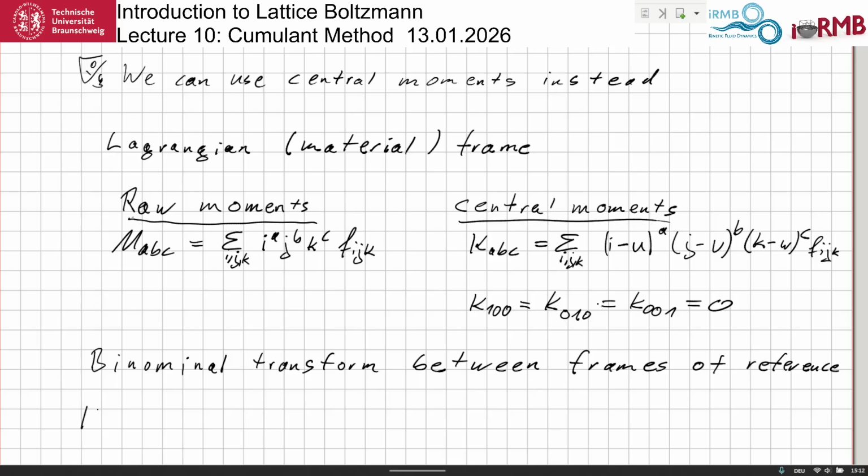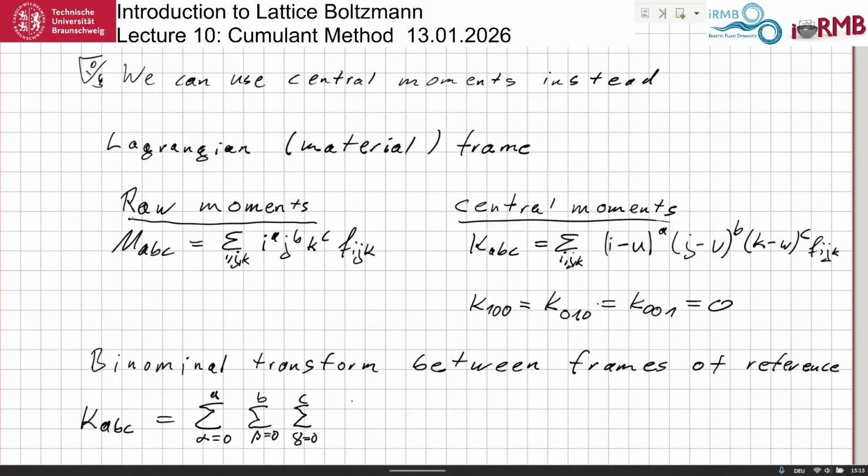We can write K_abc. So this is the central moment as a triple sum over alpha equal to 0 to A, so A is the first index here, and beta equal to 0 to B, and gamma equal to 0 to C. So A, B, C, these are the indices.